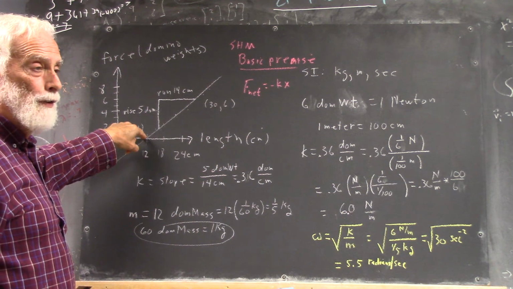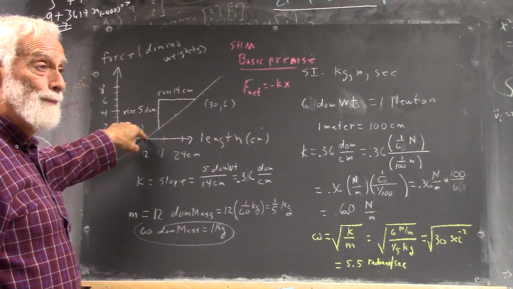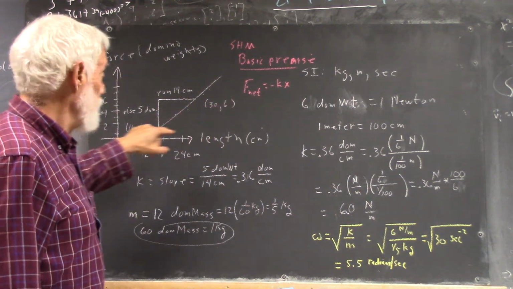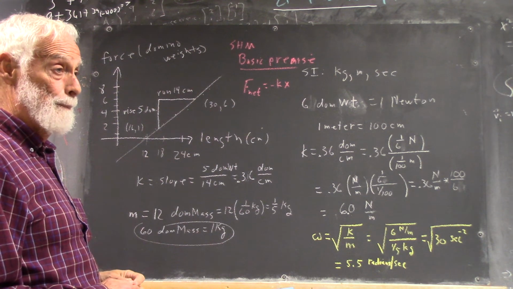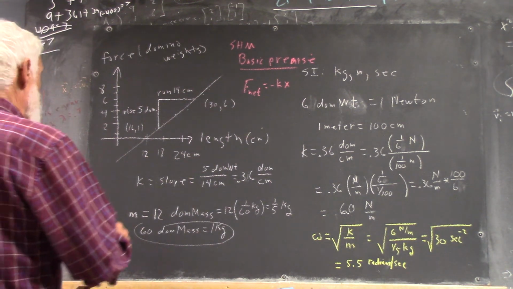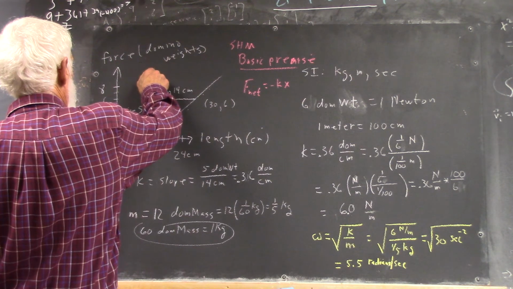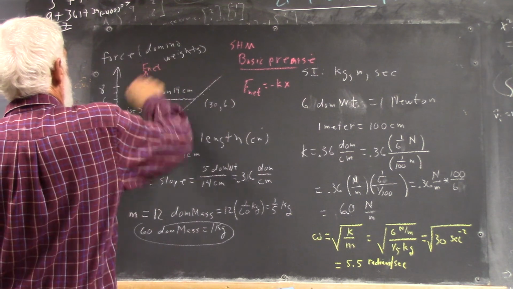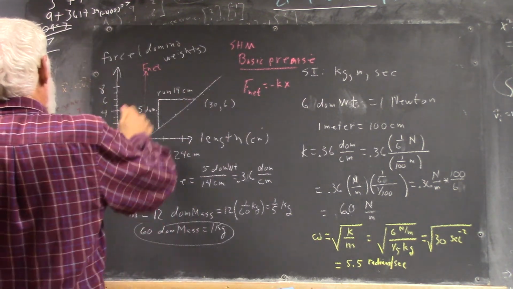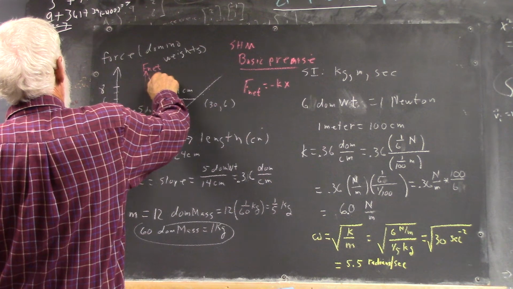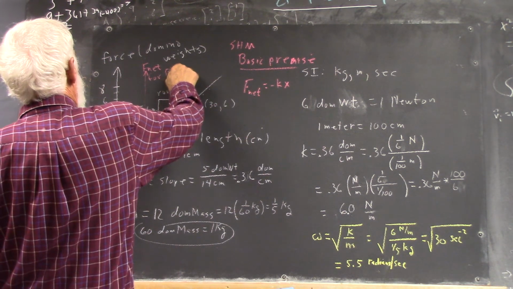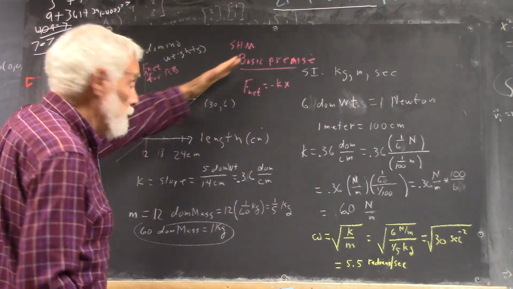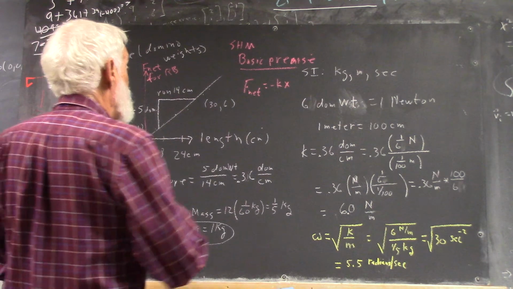But this point here is the equilibrium point. So if you measure displacement from equilibrium, you're going to measure displacement from this point if you're doing a graph of F net equals negative kx. So what we have for the domino bag, the F net for the rubber band would be measured from this axis, and you would have a straight line through the origin.